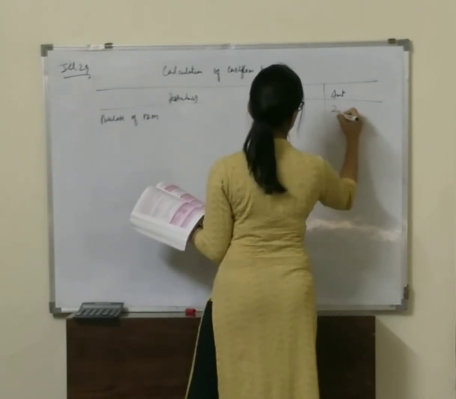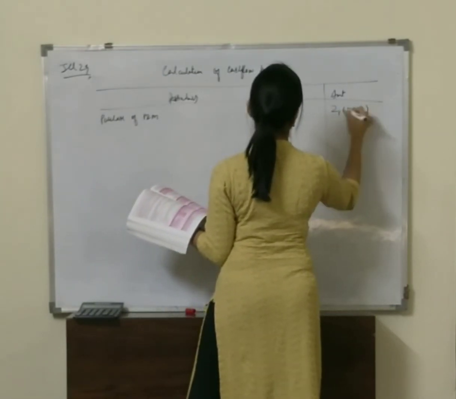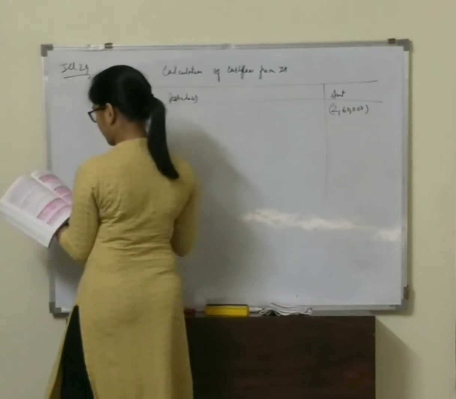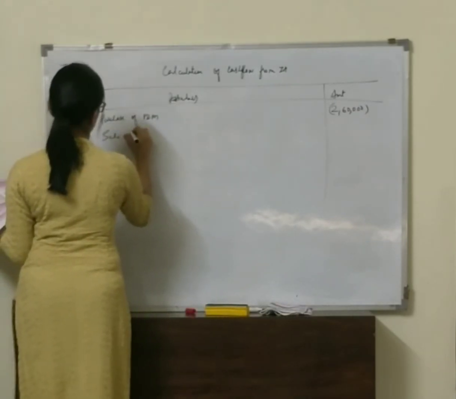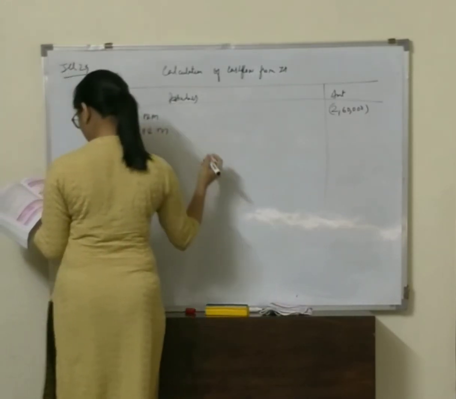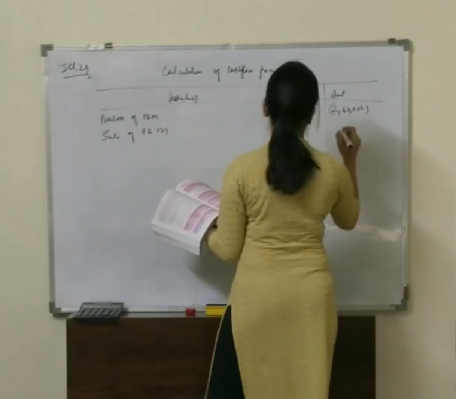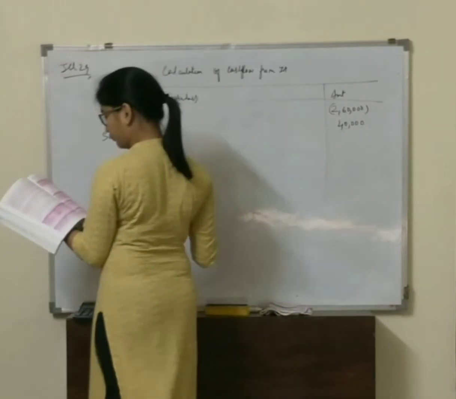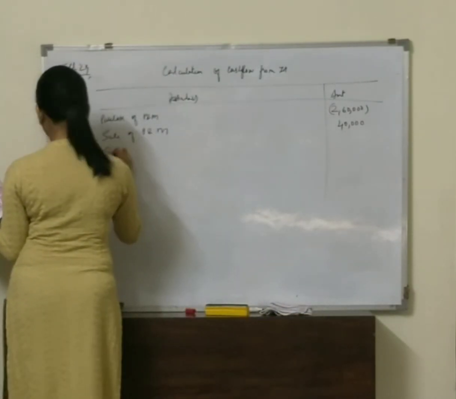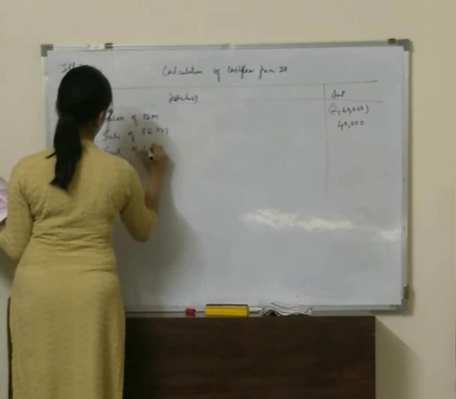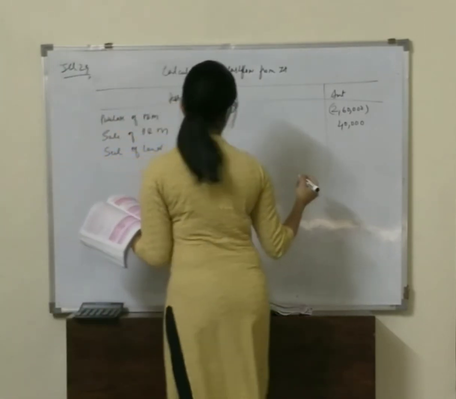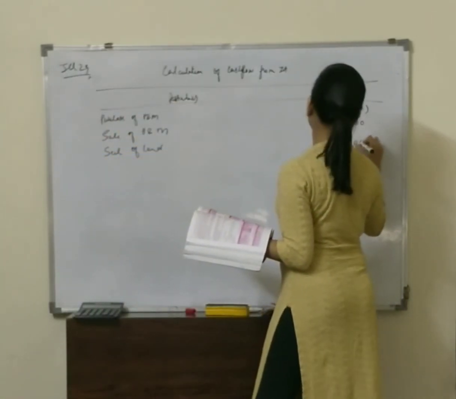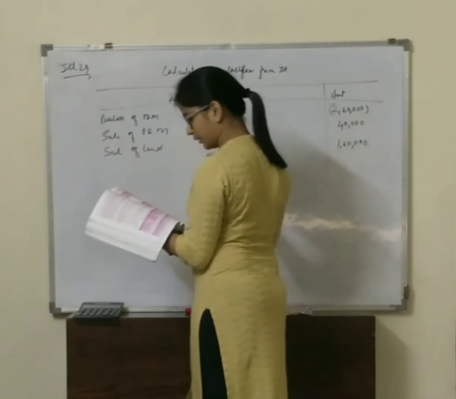It is 2,60,000. Negative figure because it is an outflow of cash. Then we have sale of plant and machinery, credit side of your ledger account, 40,000. It will be a plus figure because it is an inflow of cash. Then we have sale of land, 1,60,000, land ledger account.